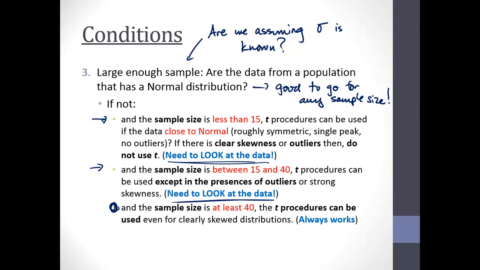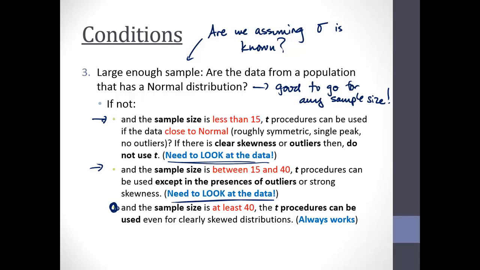And I think the example that we're doing here is not that way. But one we'll get to later in this chapter is where we'll actually look at the histogram to see, is it close to being normal. On an exam, if you were asked to do that, if you were in one of those two conditions, the really small or the medium-sized sample, you'd be given a histogram and use that to say, is the population close to normal or not.